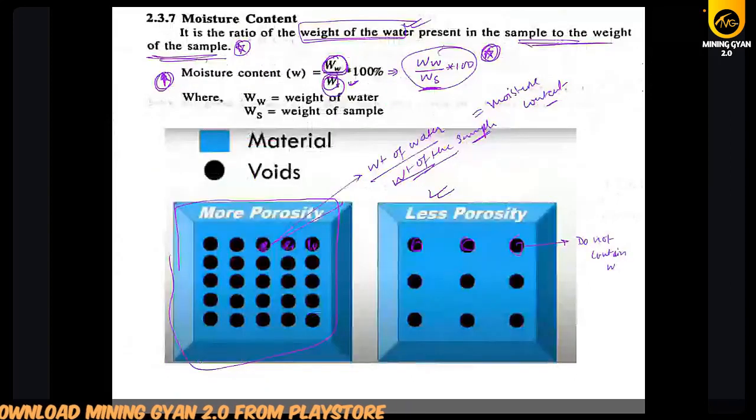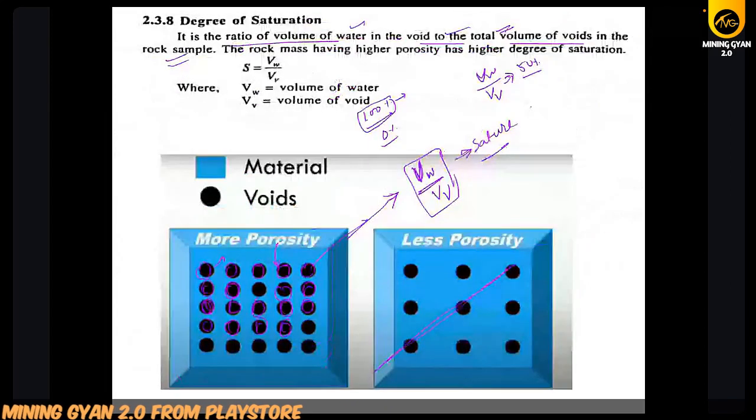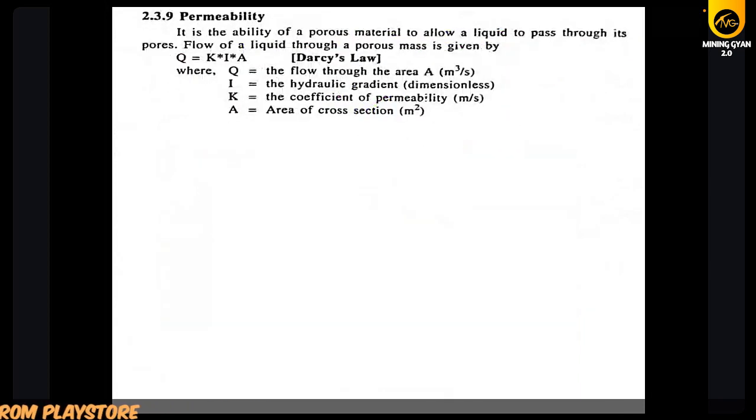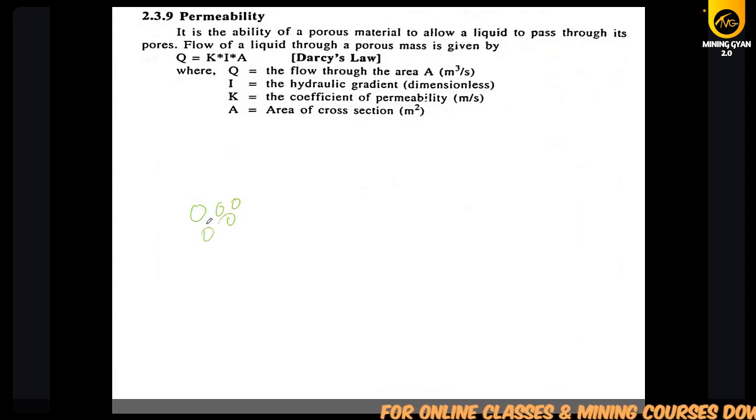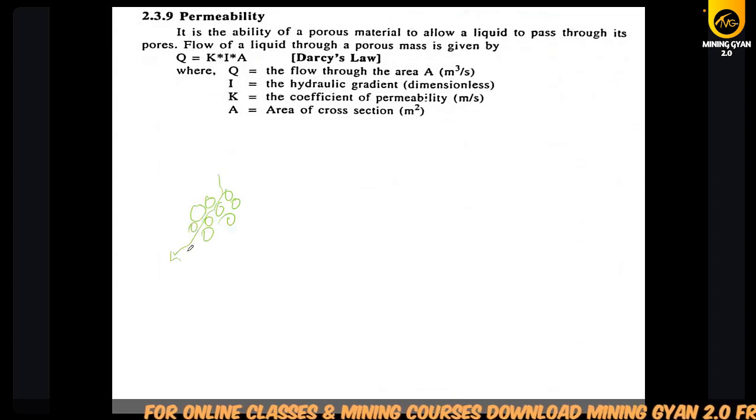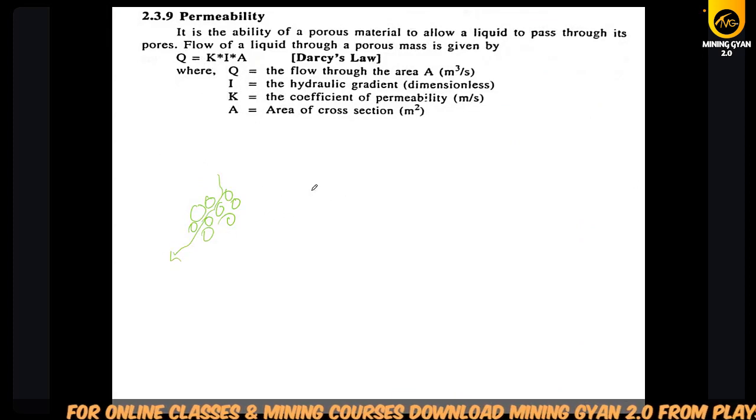So density we have seen, moisture content we have seen, degree of saturation we have seen. Now come to the permeability. What is permeability? Suppose you take some gravels, so water can flow through the gravels.